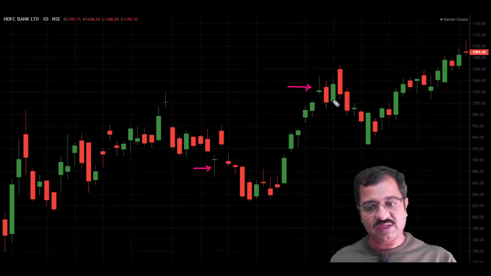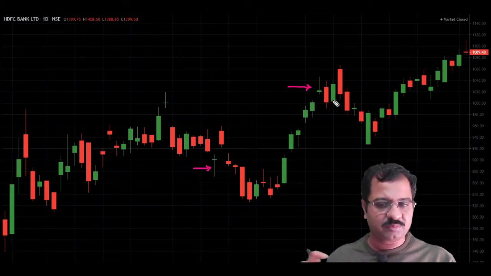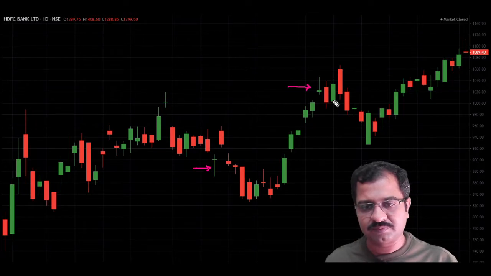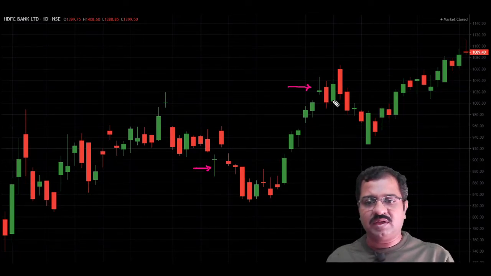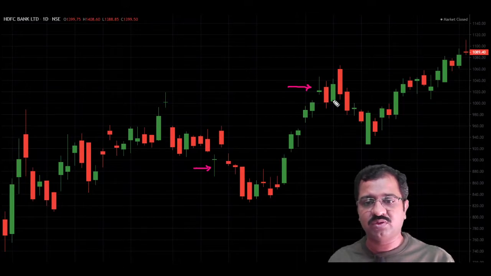And sellers made the price close at a lower level, so sellers are showing their strength, so a probable reversal. Now similarly, if prices were going down and this type of candle, a gravestone doji, forms, what can you conclude?